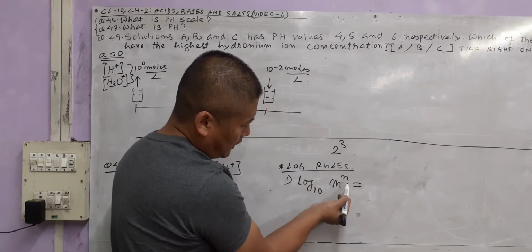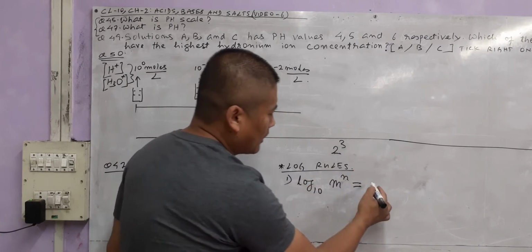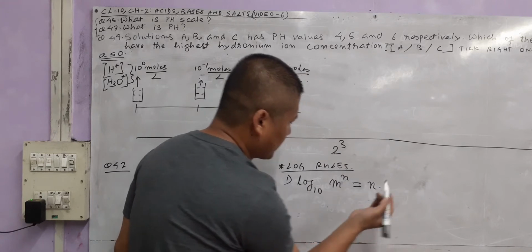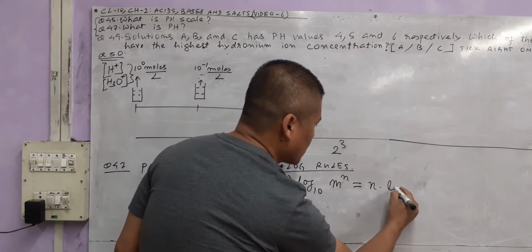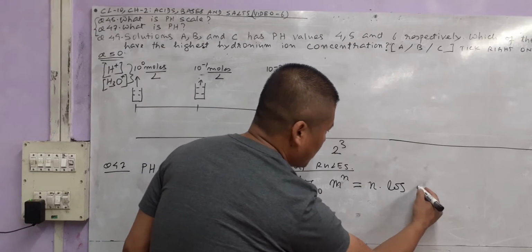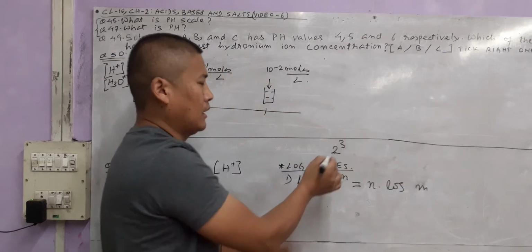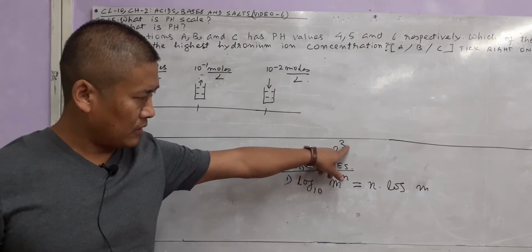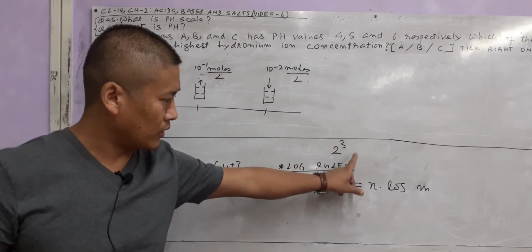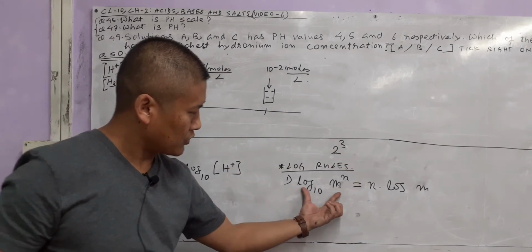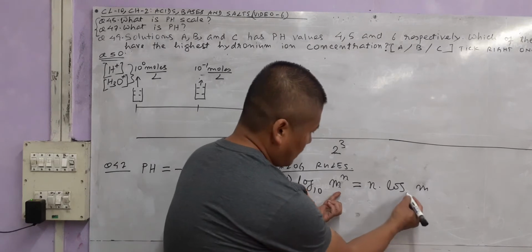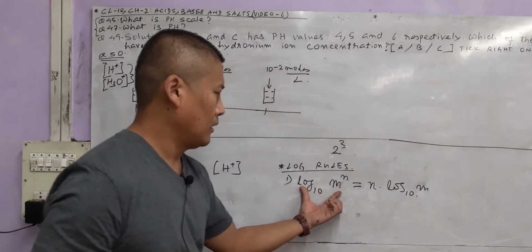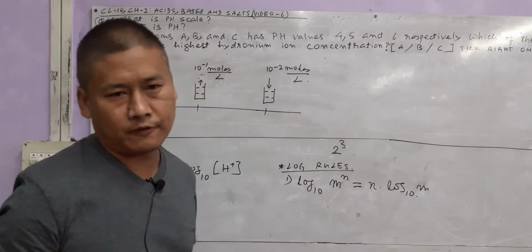M is like 2 and n is like 3, the power. In such case, the power n comes to the front, and then the rest is the same, log m. In an exponent, the lower number is called the base and the upper number is called the power or exponent. So the exponent or power comes to the front and this portion remains same, log m to the base 10. So here n has gone front. That's the first log rule.